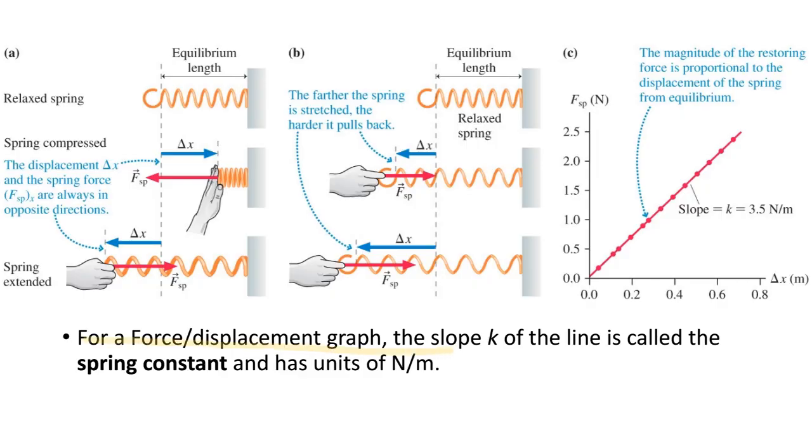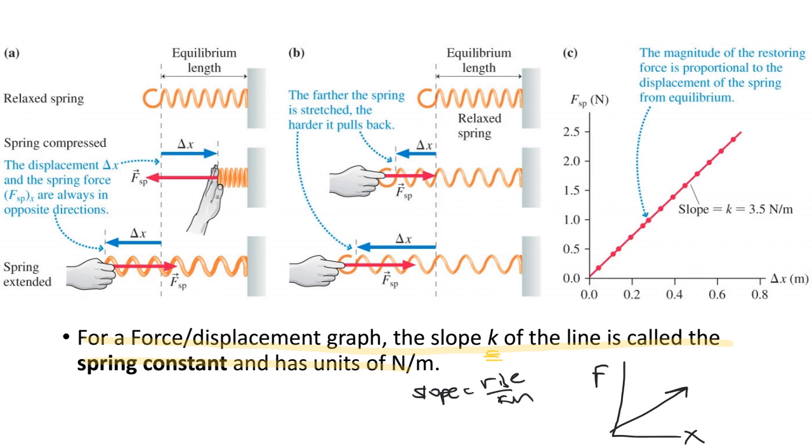For a force-displacement graph, the slope k of the line is called the spring constant and has units of Newtons per meter. What makes the slope of the line k, you might ask? Well, we're going to be graphing things with force on the y-axis and distance on the x-axis. And the slope of any line, you might remember, is rise over run.